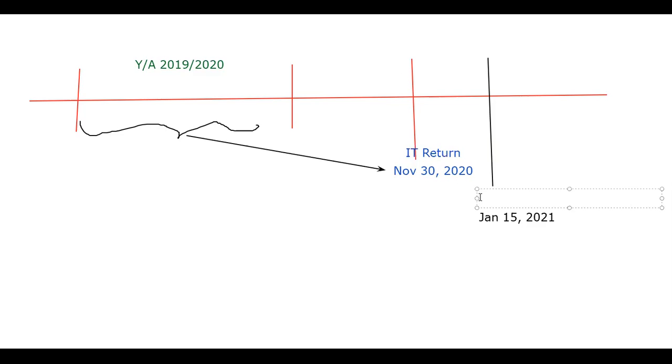Then the penalty for late filing, how much? From December 30th to January 15 is 45 days, so almost 1.5 months. Then how are they going to pay penalties? Let's say the tax liability is 100 million, for easiness.